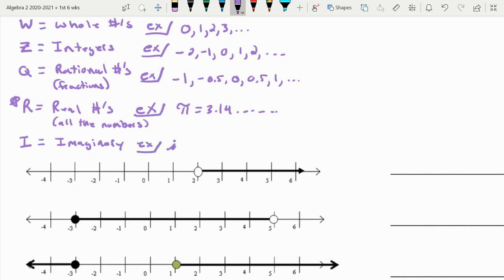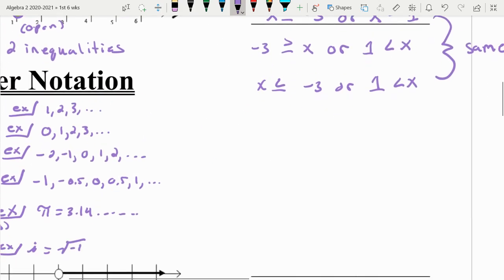So the set builder notation is just like inequality, except you can declare different number systems. You can be very specific. Those are our number systems, and we'll get more into imaginary numbers later in the year. So a couple of terms we have is this weird looking E. Start off like a C and then put a line through it.